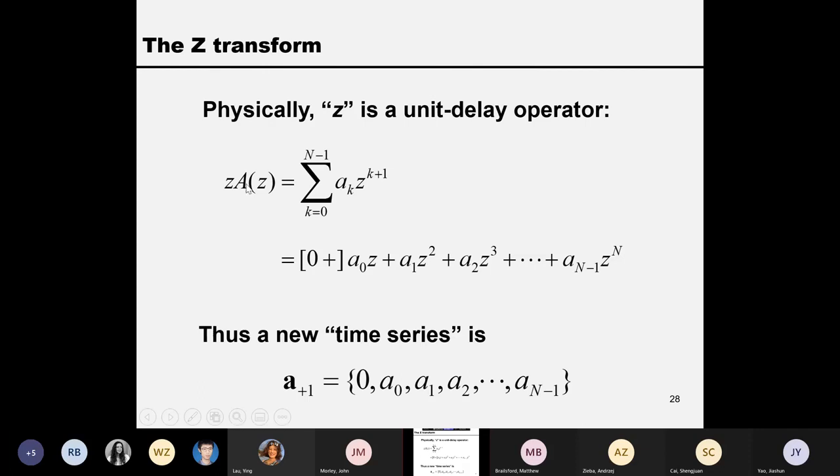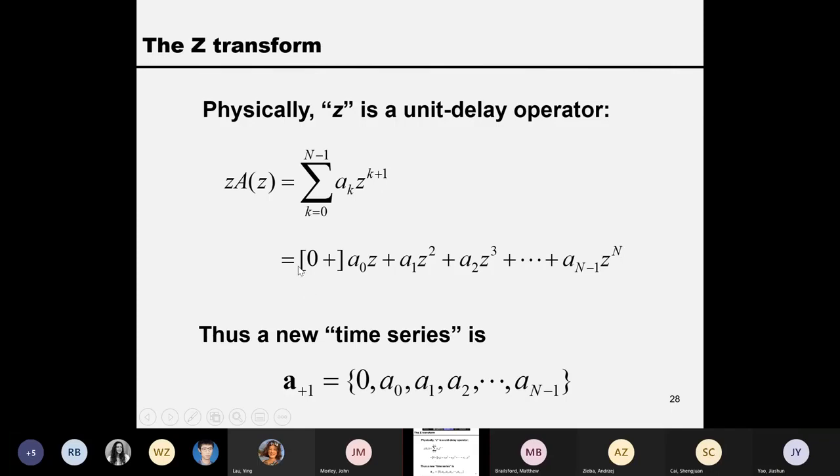In the previous slides, we had A of Z. If we multiply it by Z, each term A k Z to the k becomes Z to the k plus 1. If we expand that, instead of the original A of Z, we now have A0 Z, A1 Z squared, and the first term, Z power 0, which is 1, has coefficient 0.